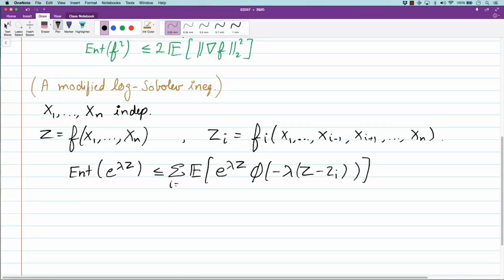Okay, so this is the modified log-Sobolev inequality.